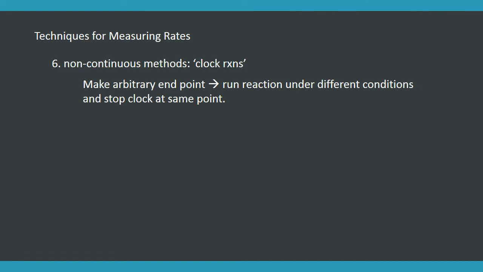But what that allows us to do is change something in a reaction and run different reactions under different conditions, and then you stop the clock at the same time. And so then you can look at what is the concentration, what is the change in volume, whatever it happens to be. The only difference is you're not able to graph a rate graph, because you're not taking one reaction and looking at the change over time.